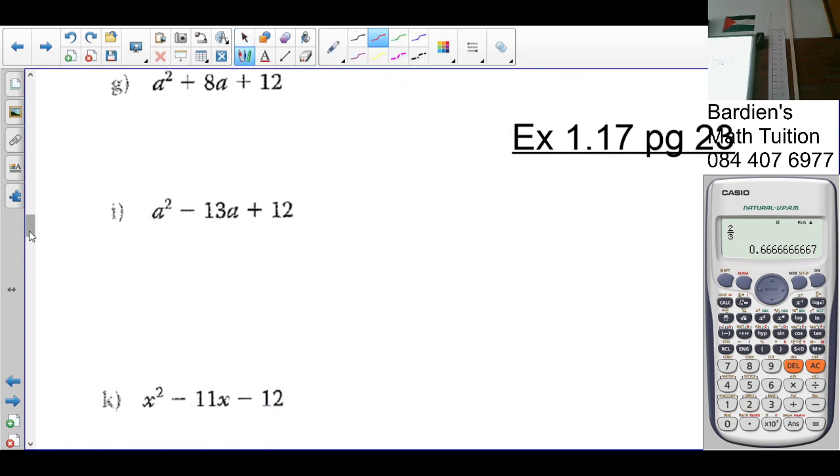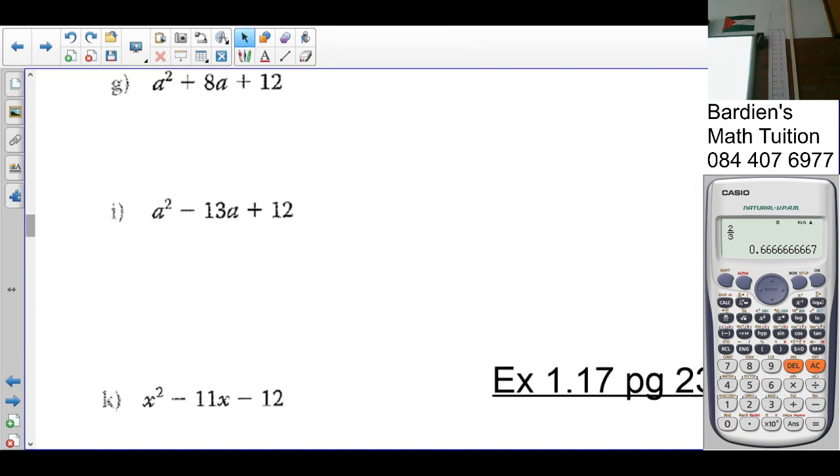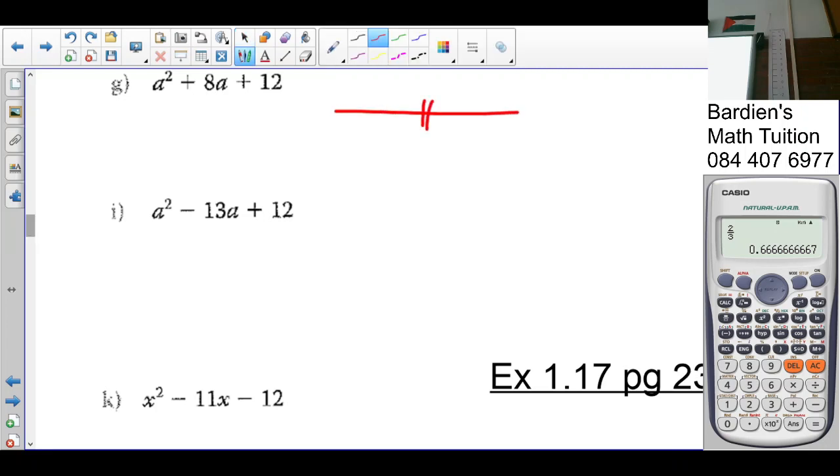Do the next one. What do we know about the next one? What are the products? 1 and 1, 1 and 12, 2 and 6, 3 and 4. Do we add or subtract the products?